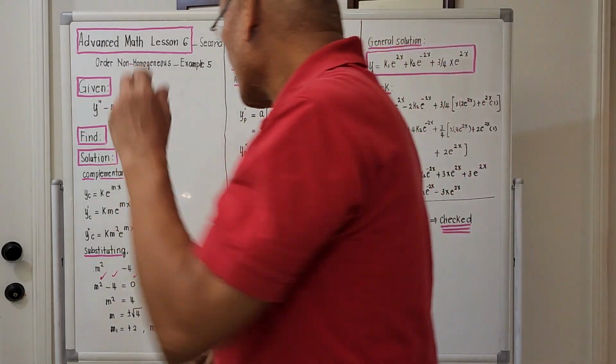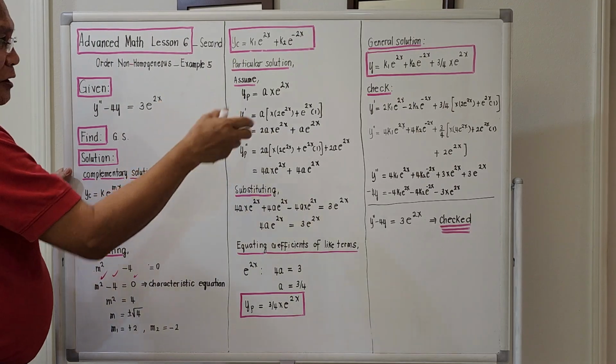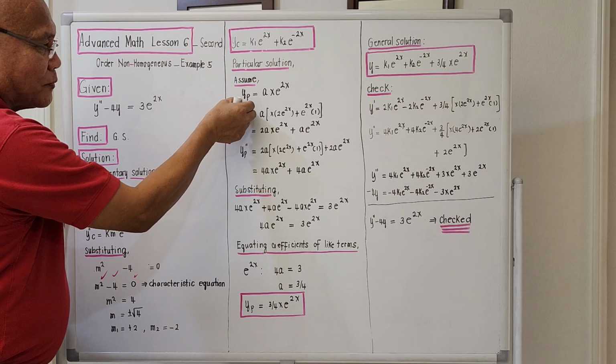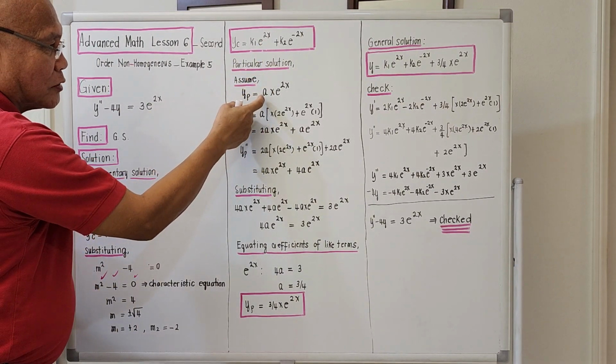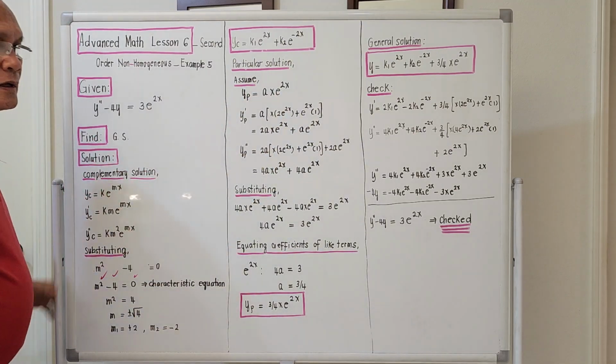Okay, let's try to bring out the particular solution. For the particular solution, we will assume that the y sub p, where p refers to particular, should be an unknown constant a times x e to the 2x.